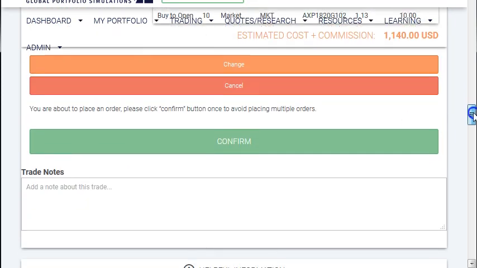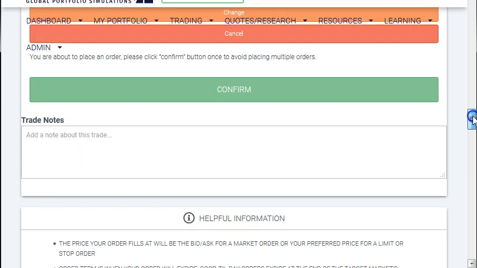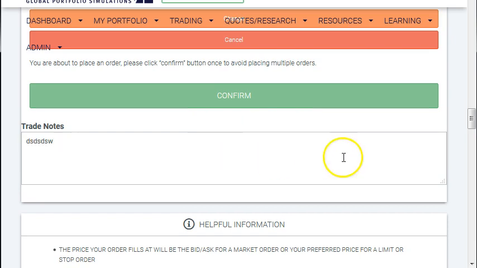Right now the options market is closed. You can add a comment, for example, my first call option to buy 10 AXP contracts.